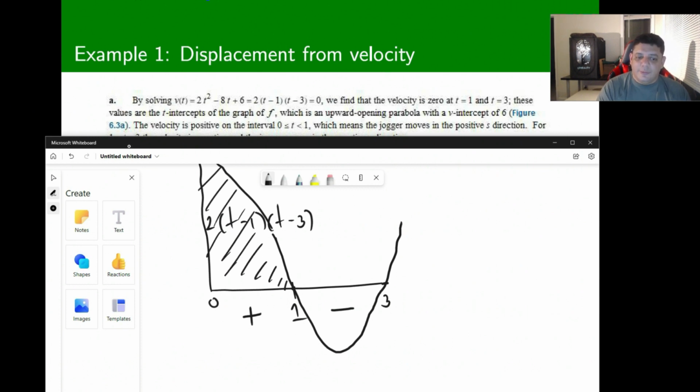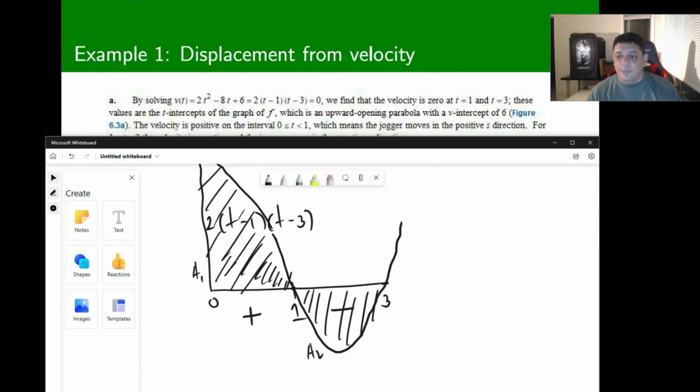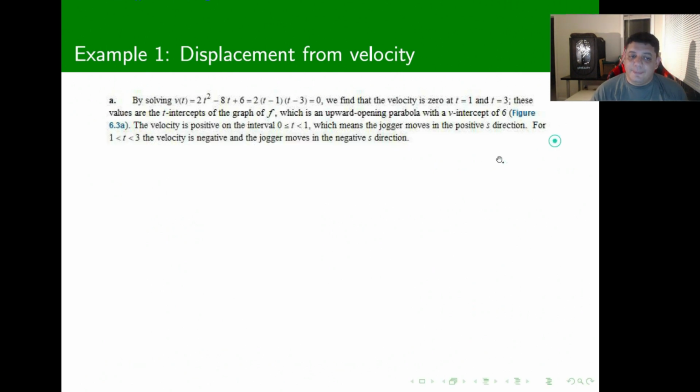This is where the function is positive, so this is going to provide me with positive area. Now the function is negative from 1 to 3, so this is going to provide me with some negative area. And depending on which is bigger, we're going to have one displacement or the other.